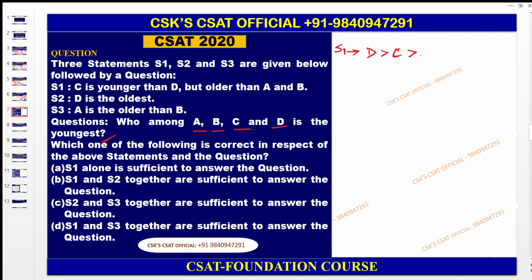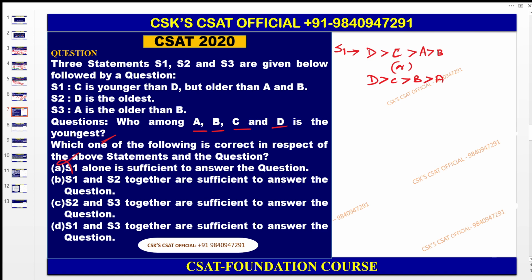So here two cases are possible, or this case is also possible. The cases play a very vital role. With this you can't say who is who among A and B, but you can't say who is the youngest. Therefore statement number 1 alone is not sufficient.